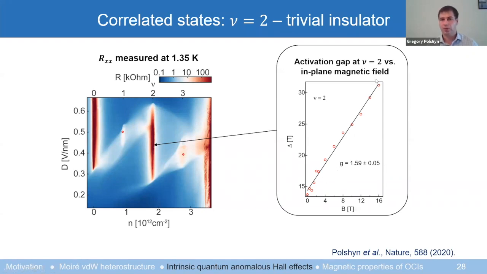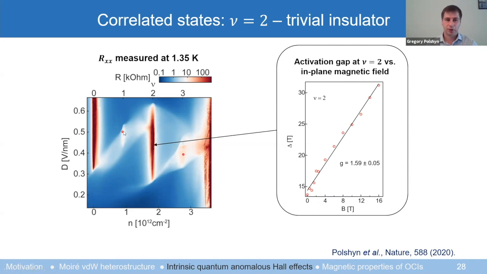From the corresponding slope, we can extract the g factor, and we find it to be about 1.6. While it's still lower than 2, the observation of such a g factor tells us that this state is either fully spin polarized or at least strongly spin polarized, with trivial topology.